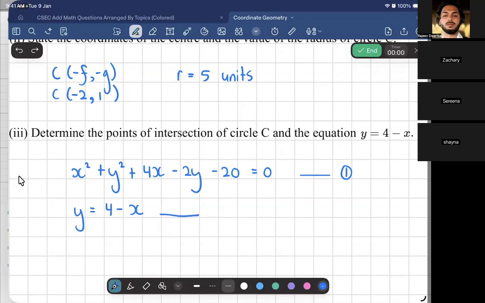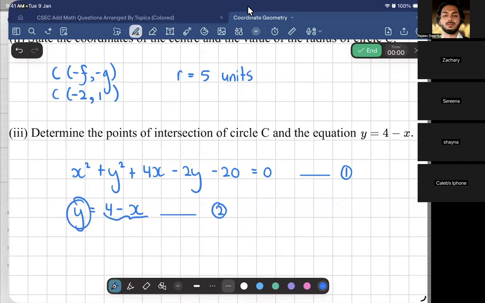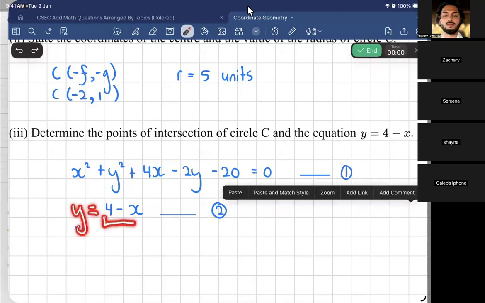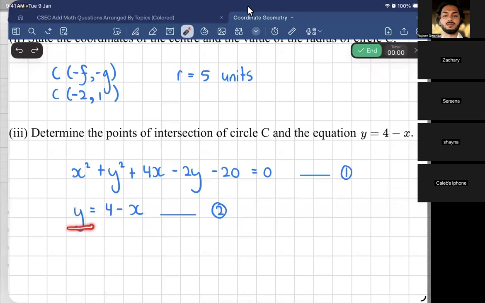No, sir, because they're already telling us what y is in terms of what variable? x. Right. So we're saying y is being expressed in terms of x.